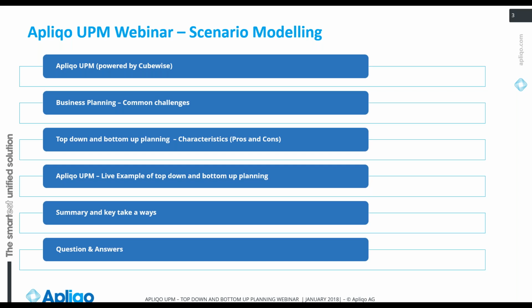Then we will dive into the business planning challenges, common challenges we see in the market around planning, and give you some definitions of top-down and bottom-up planning and where we see the pros and cons of each planning methodology. A big part of the webinar is always a live demo, so that you get a feeling of how this can be executed in a live application. And last but not least, a summary and some key takeaways, along with a question and answer session.